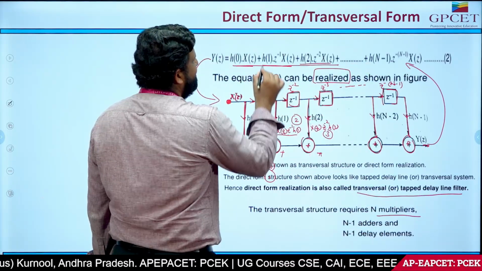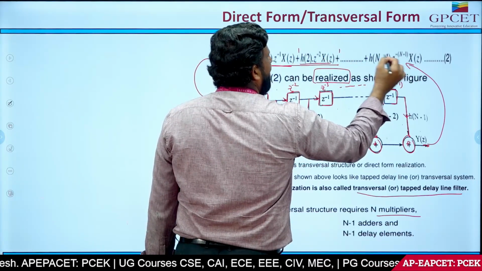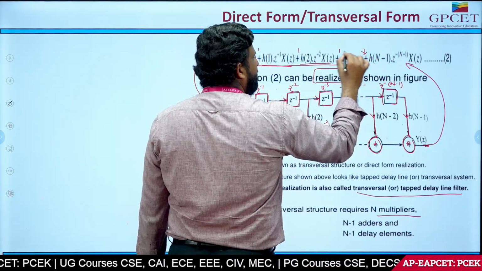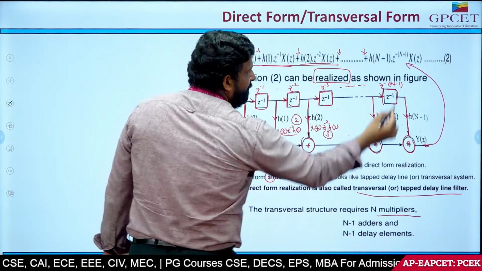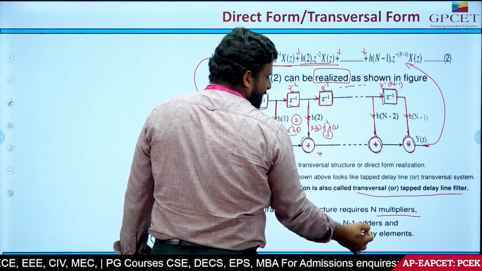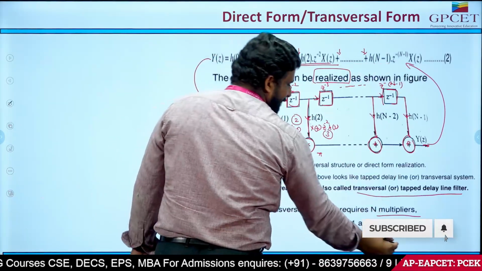And how many adders are required? Whatever adders are here, that many. So in this direct form, N minus 1 adders are required. And similarly, N minus 1 delays.